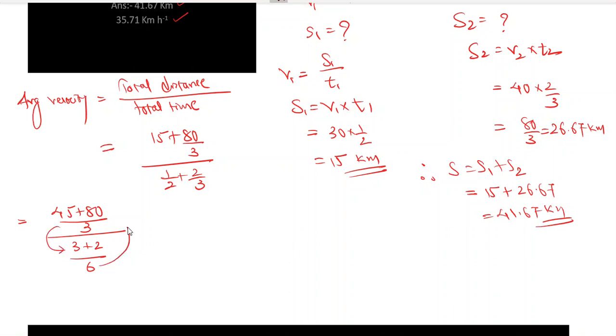This comes down, this goes up. So 45 plus 80 is 125 multiplied by 6 upon 3 multiplied by 5. So 3 twos are 6, and 5 25s are 125. So it comes out to be 50 kilometer per hour. The average velocity comes out to be 50 kilometer per hour.